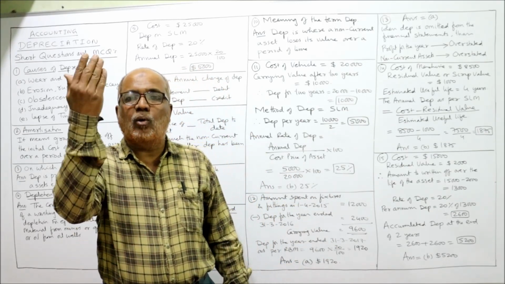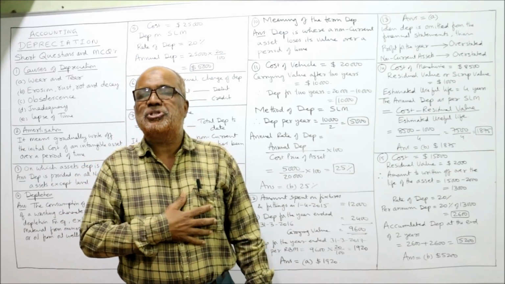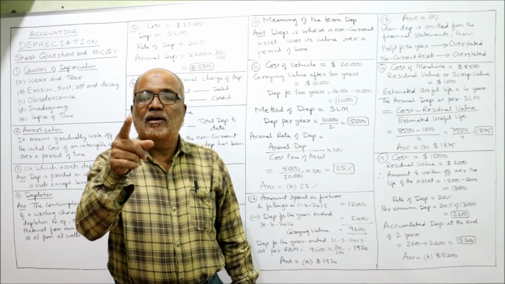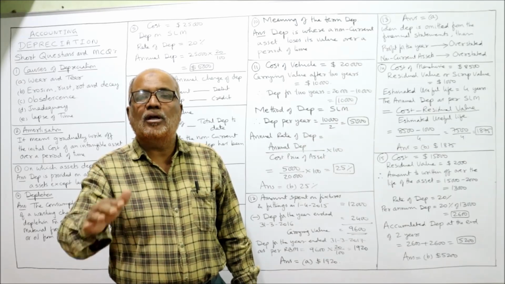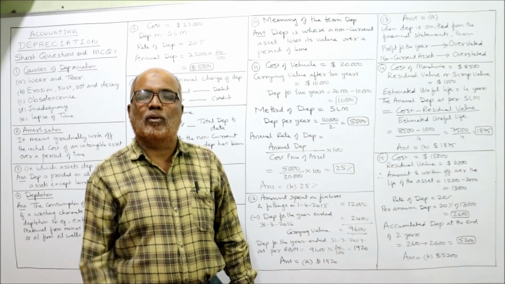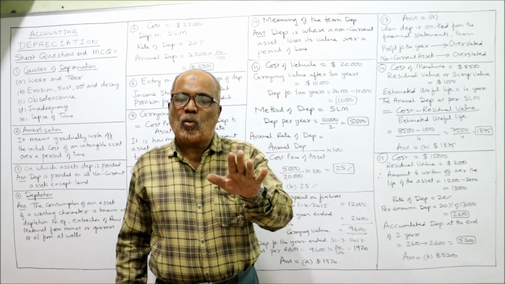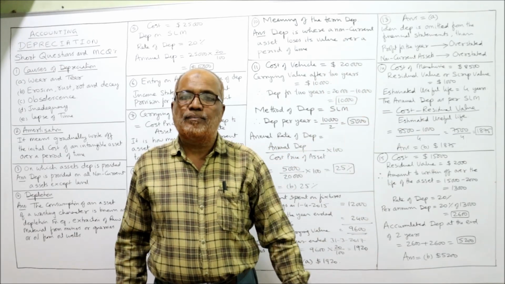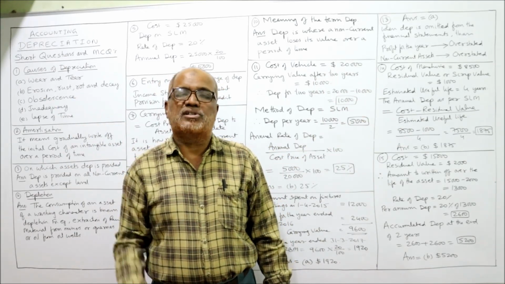So what is the effect on profit? The profit will be overstated because we have not charged depreciation. So profit will be more. Similarly, when we have not deducted depreciation, the non-current asset will also be more. So the two effects are, when we do not provide depreciation, the profit will be overstated and the non-current assets will also be overstated.